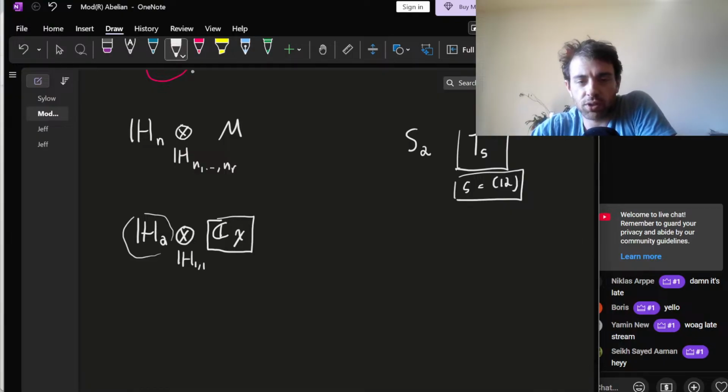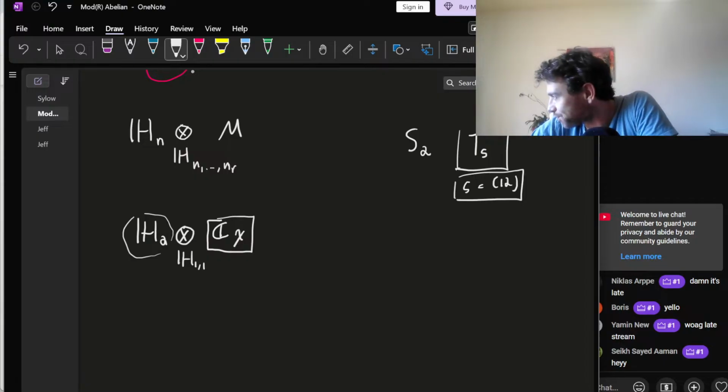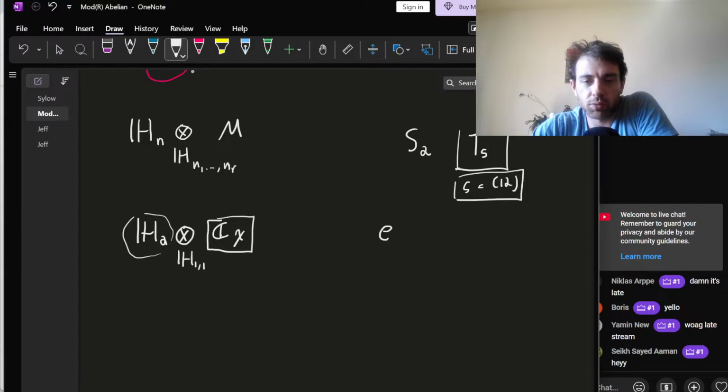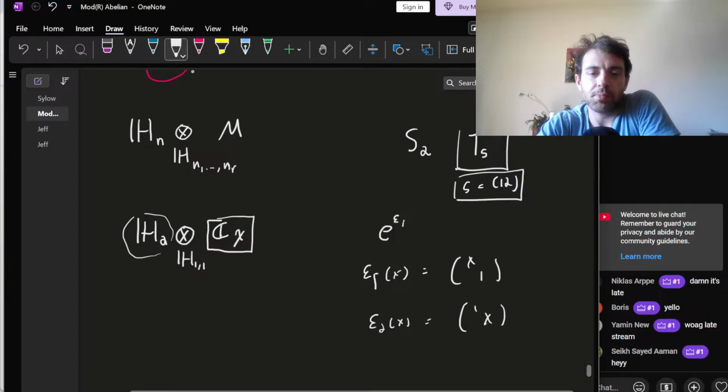Non-trivial element of the Weyl group, and then there's two co-characters we need to compute with respect to, right? Where e_i, or say e_1 x will be x_1, e_2 x will be 1 x, for example.